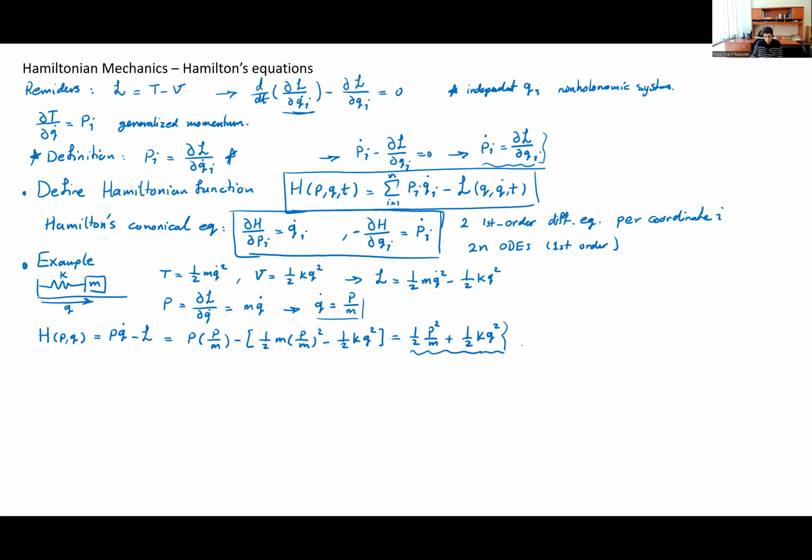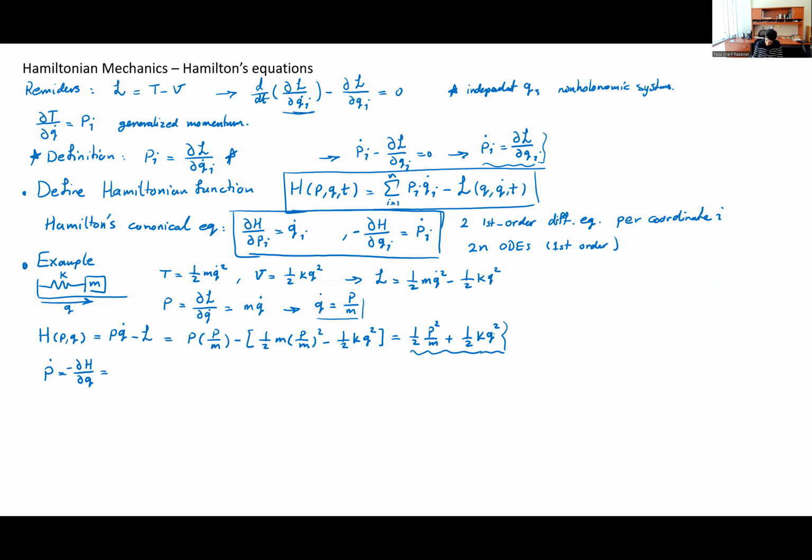And from here, I know my p dot is minus partial H, partial q. Partial H, partial q, it's a negative, right? p dot, yes, p dot is a minus.